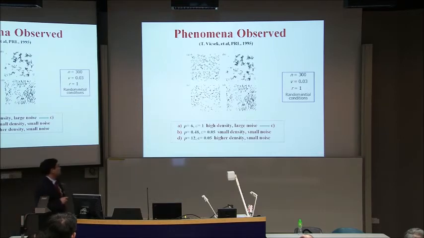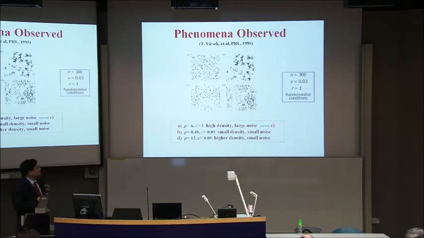If you have small density and small noise, you get some clustering phenomena. And if you have high density and small noise, you can see synchronization or consensus phenomena. This is the most interesting phenomenon we are going to investigate.